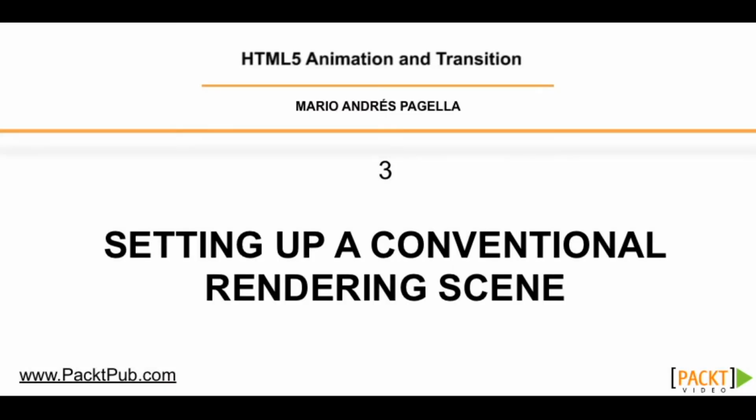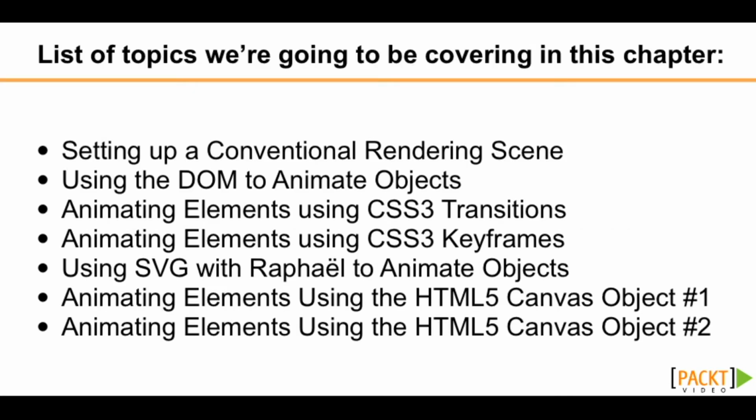Welcome back. In the last chapter, we learned how to render elements on the screen using Canvas and the document object model and SVG with Raphaël. Now we're going to be setting up a conventional rendering scene. So in this chapter, we're going to be learning how to set up a rendering scene, how to use the document object model to animate objects, or how to use CSS3 transitions and keyframes.